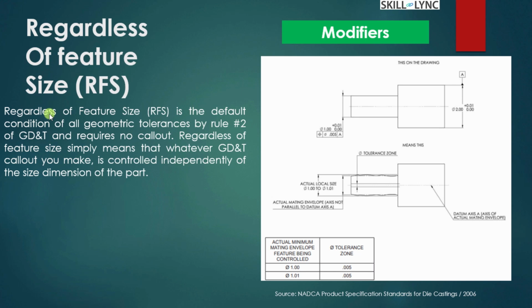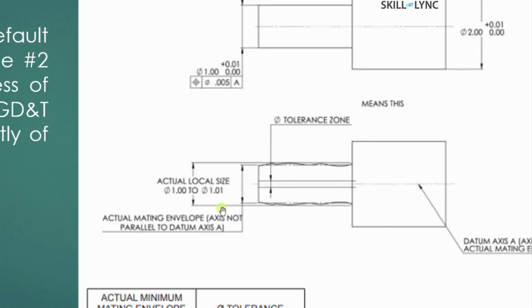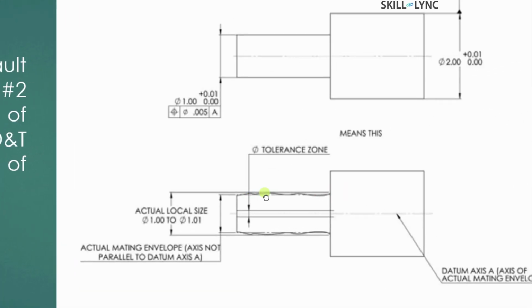So it simply means that whenever there is no symbol referred to here, then this tolerance is going to be controlled irrespective of the feature size. It means that this tolerance zone strictly pertains to this tolerance axis only.